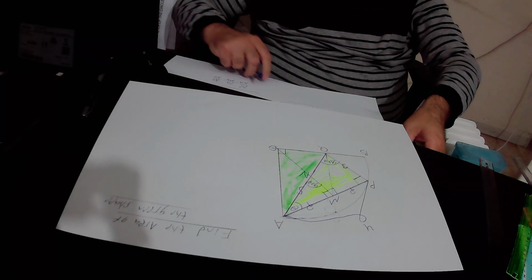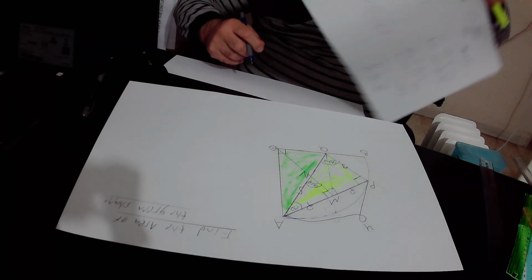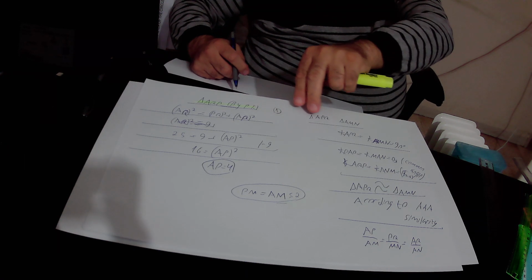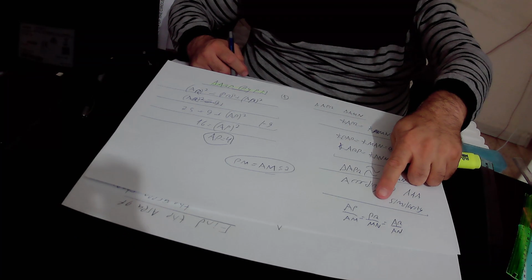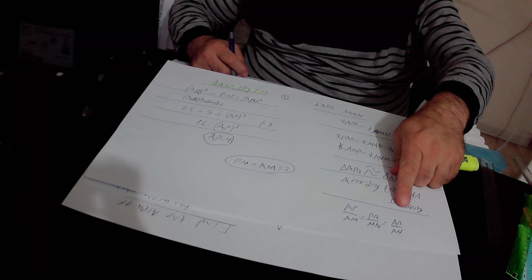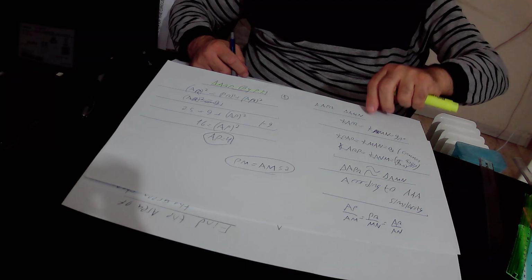Repeat again: AP over AM equals PQ over MN equals AQ over AN.